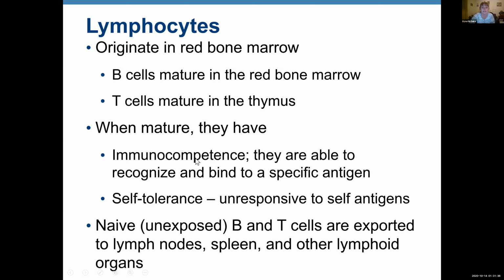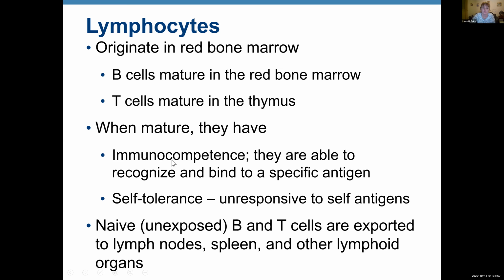And that means that they are able to recognize and bind to a specific antigen. So they learned, well, they don't learn, but they are selected. Only the ones that can bind to a specific antigen are selected, and they can then divide.